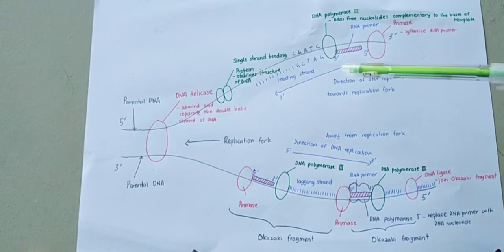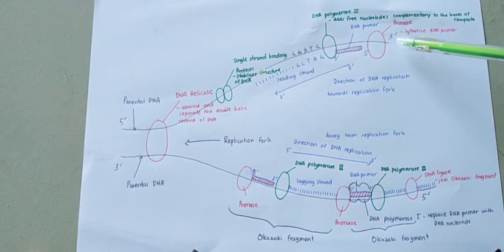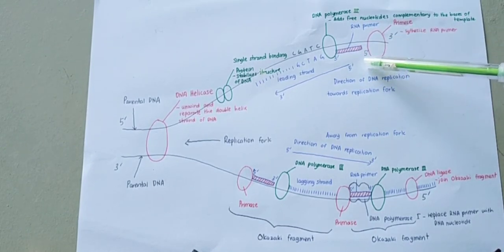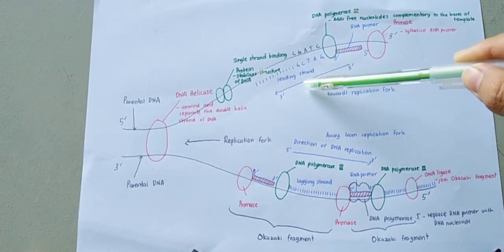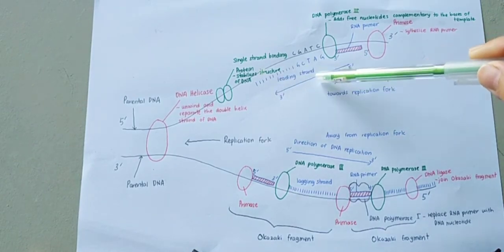Okay? Kenapa kita katakan dia synthesize continuously? Since the parent strand ni adalah 3', so the new strand dia mesti kena anti-parallel dengan dia punya template. So since template dia ada 3' dekat sini, so new strand must be 5'. So if the DNA strand is synthesized continuously towards the replication fork, this one kita panggil sebagai leading strand.